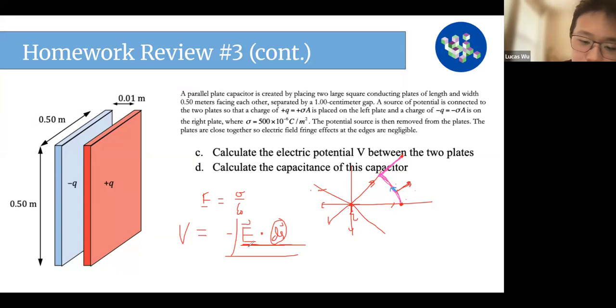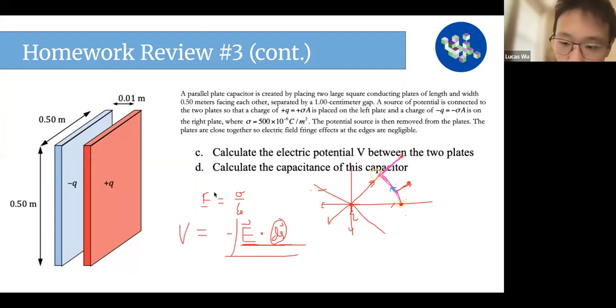What that means is that in this section, the E dot ds is always equal to 0. There's no potential difference between this point and this point, because everywhere along that path, your E dot ds is equal to 0.